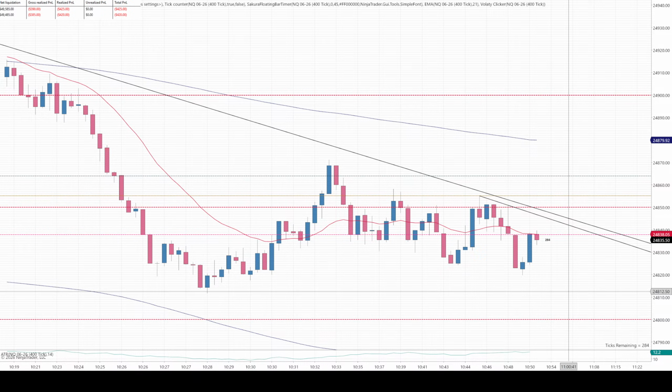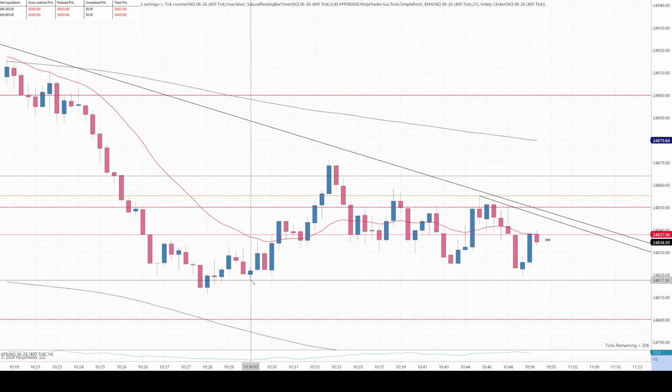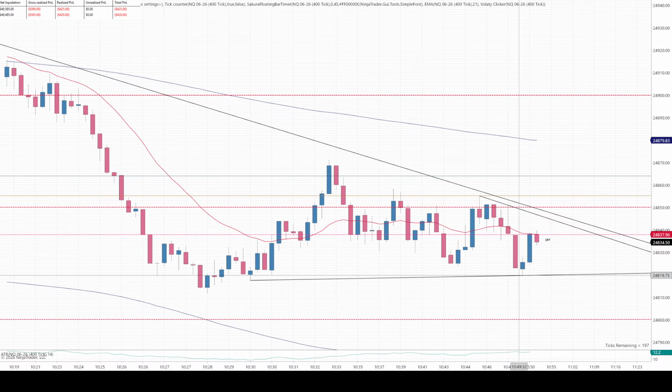Do we have a bearish setup here? Or is it just going to go back up? Do we have room for this bearish trade? We do.